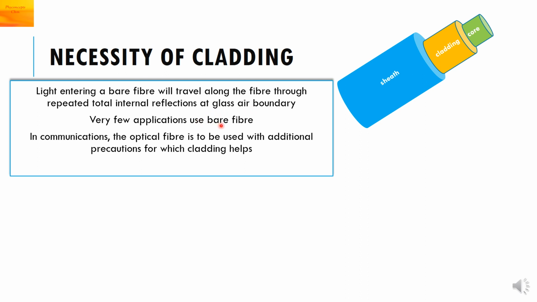This kind of bare fiber is used in certain applications. But in communications, the optical fiber is to be used with additional precautions. And for that, the cladding will help. If the core is surrounded by the cladding, it will be a much more efficient communication system.